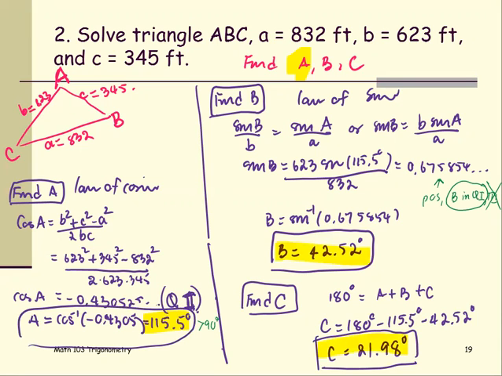So we got the set of solutions. As a summary, we have angle A equals 115.5 degrees, angle B is 42.52 degrees, and angle C is 21.98 degrees as the solution for this problem.